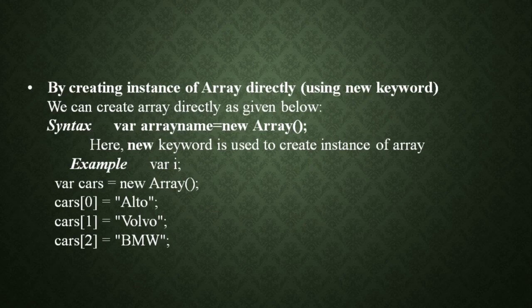Here I am creating an instance cars for the array. For that I am using var cars equals new Array. We can create an array directly like this. Now cars is an instance of the array with cars[0] equals Alto, cars[1] equals Volvo, cars[2] equals BMW.